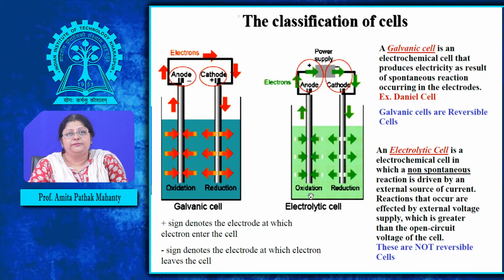So the major difference between the galvanic and electrolytic cell is that one is reversible and the other is not. Non-reversible means it is not a spontaneous reaction taking place in the electrode, and to make it occur, you have to have an external source to drive the reaction.